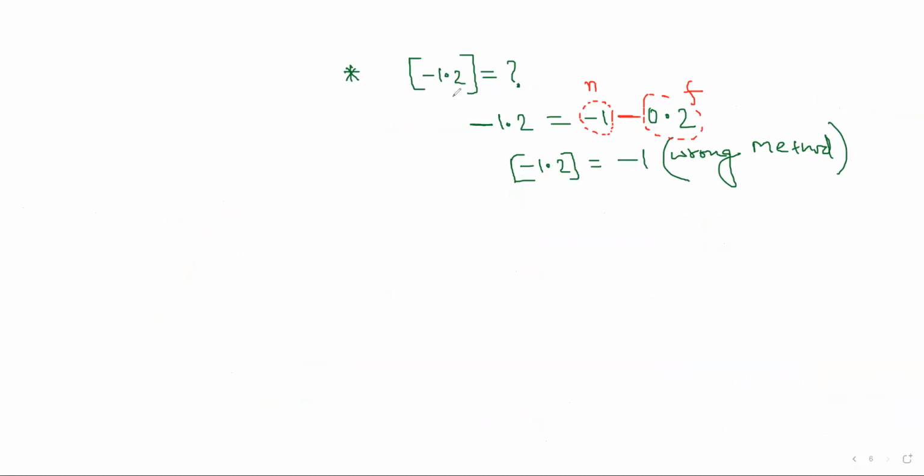So what can we do? Minus 1.2 should be written as minus 2 plus 0.8. Just take the next integer.